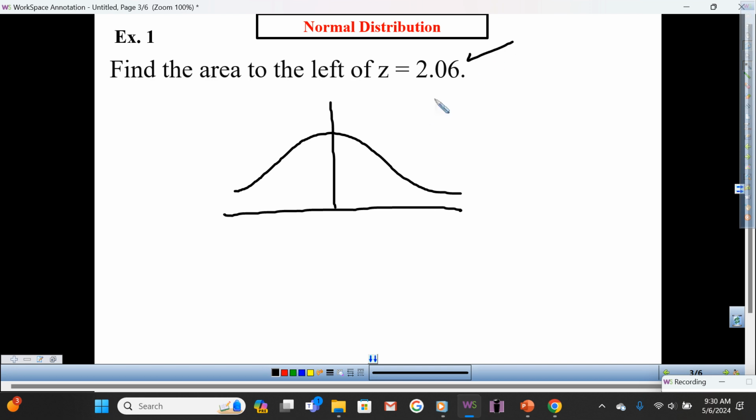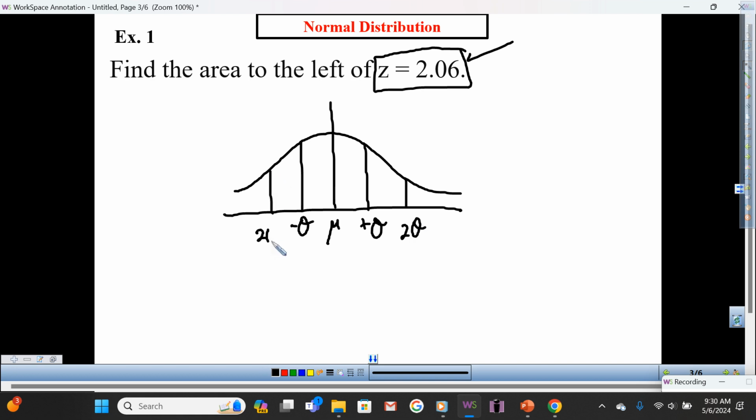What does this mean? Talk it over to your neighbor. Caleb, pass someone. What does that mean? Jaden Montes? What does a 2.06 mean? That is how many standard deviations?